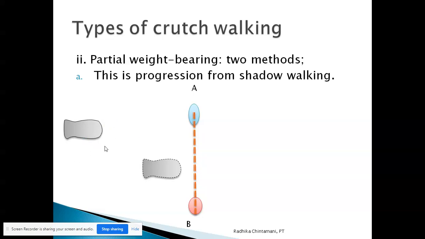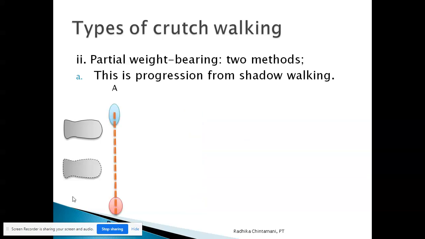So if you reverse the legs, that is, if you keep the bad leg behind and the good leg along with the two crutches, then the good leg's weight is getting divided with the crutches, whereas the bad leg is entirely taking up 50 percent of the body weight, directly progressing from non-weight bearing or shadow walking to partial weight bearing. You cannot place the bad leg behind because the person won't be confident enough to put 50 percent of weight directly on the bad leg.